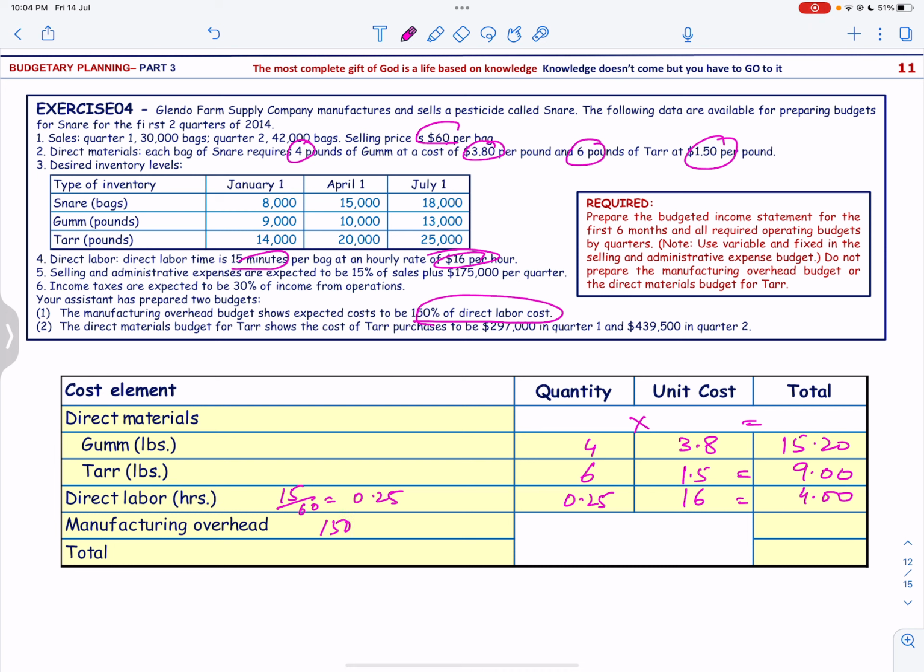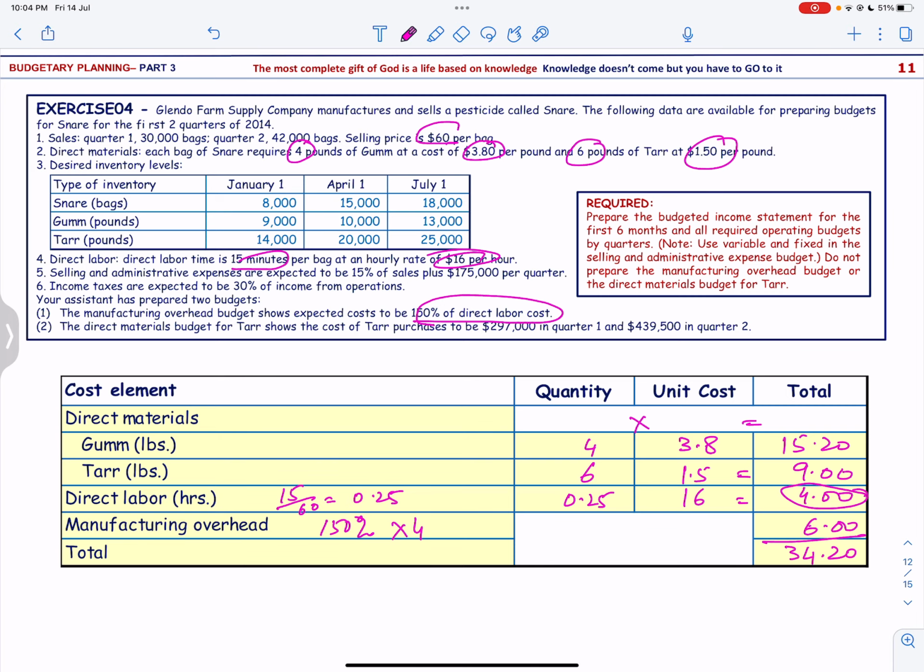So 150% of direct labor, that is 4. 150% times 4 is equal to 6. So the total will be 34.20.